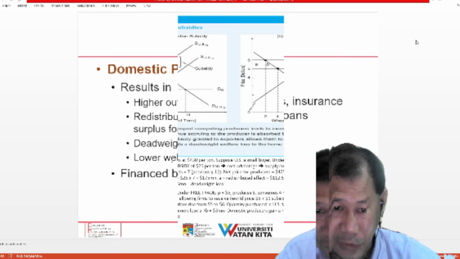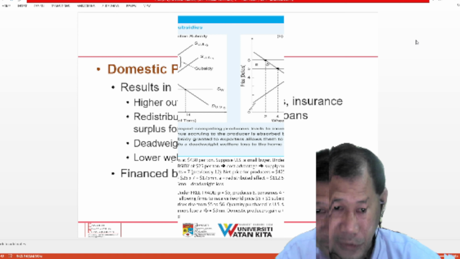However, in the last lecture, that can hold only if there is no change in domestic demand or change in the economy.